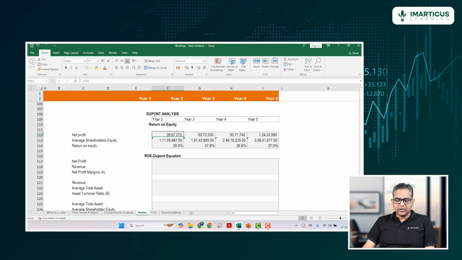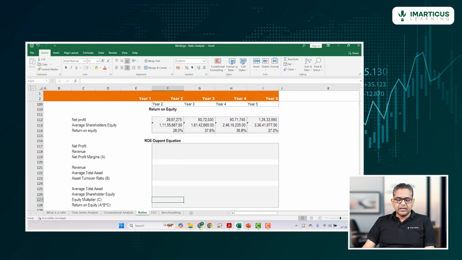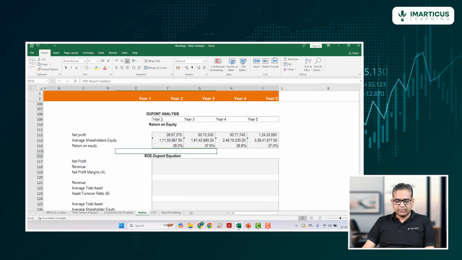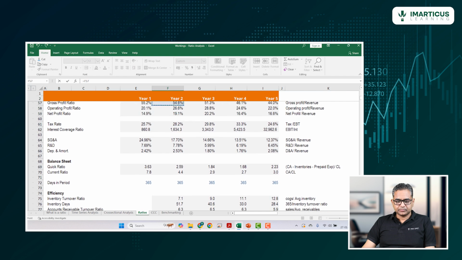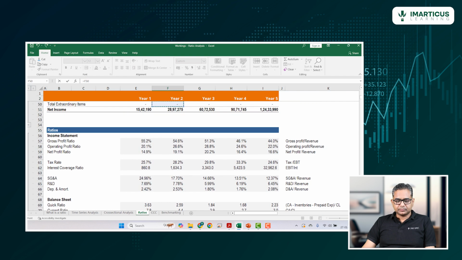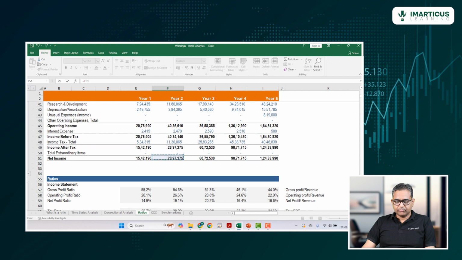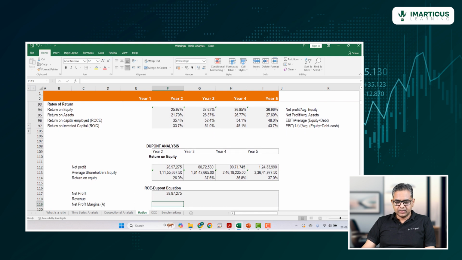What we'll do, we'll break it down into three components, which is net profit margin, asset turnover ratio, and equity multiplier. So let's do that one by one. First, let's look at net profit margins. This is our net profit.